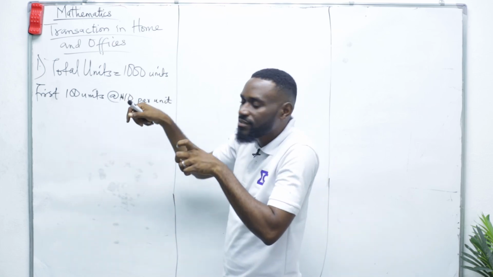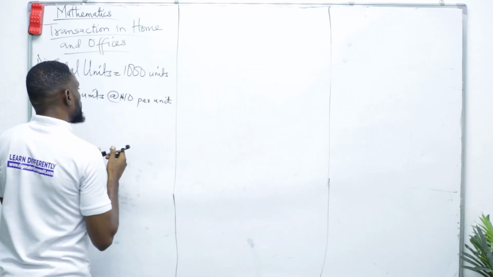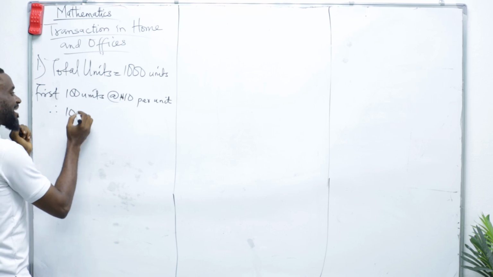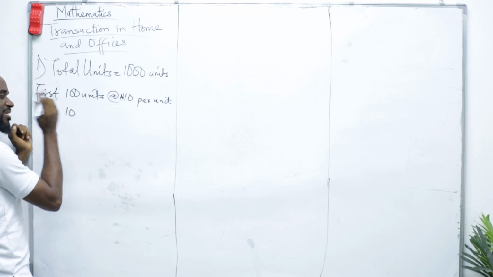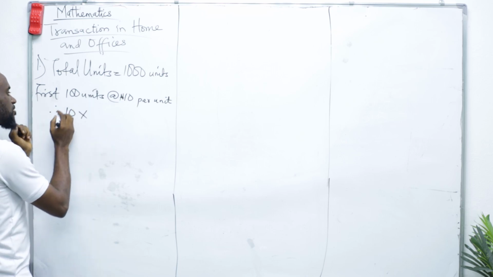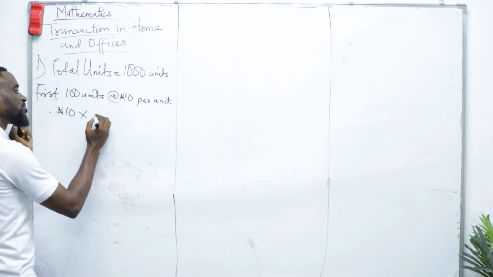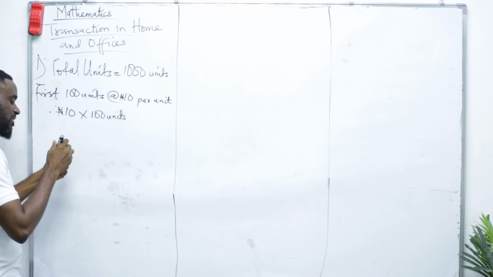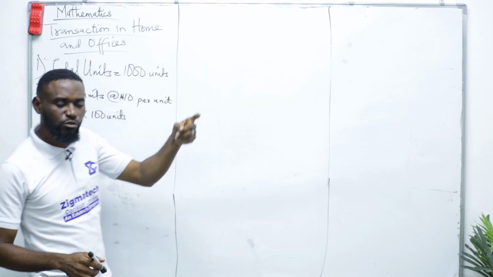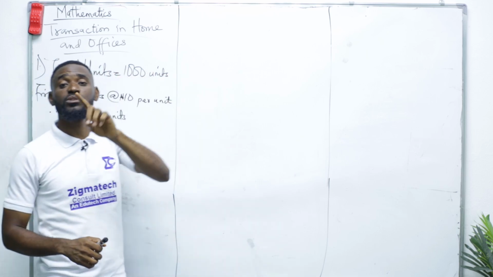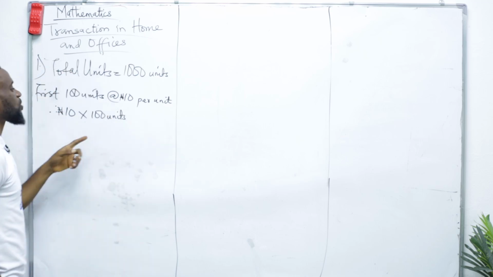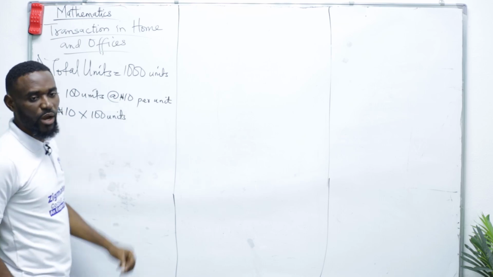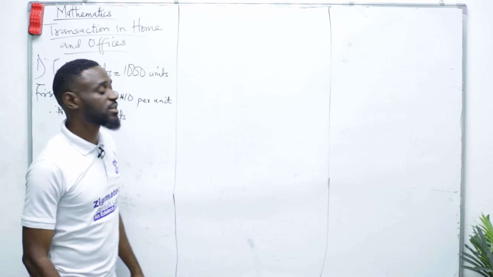So to get this, it will be equal to 10 naira for 1 unit times 100 units. Each unit is 10 naira, so how much do we have for 100 units? Do you understand the point now?